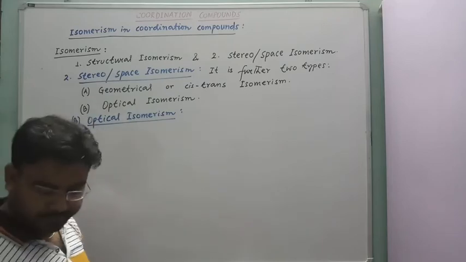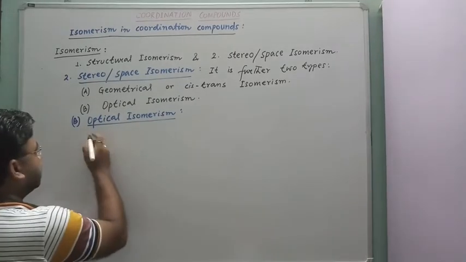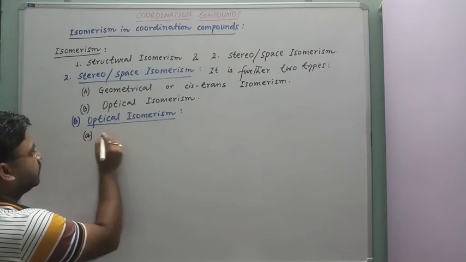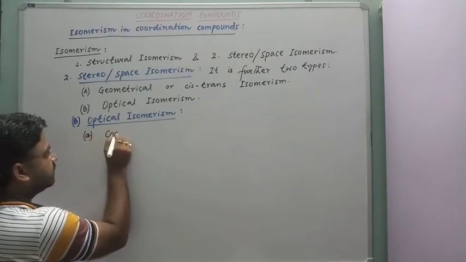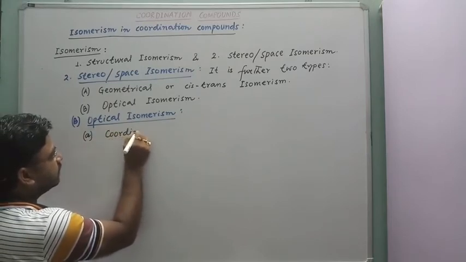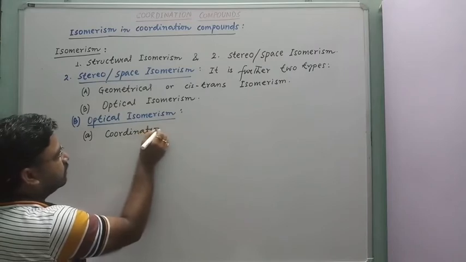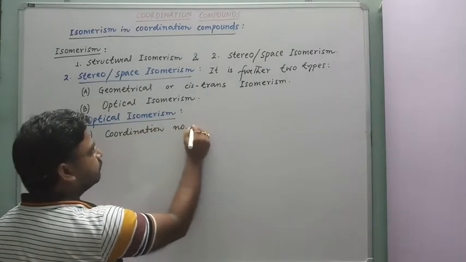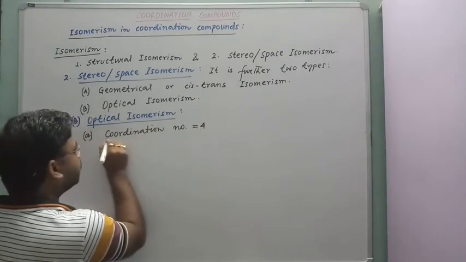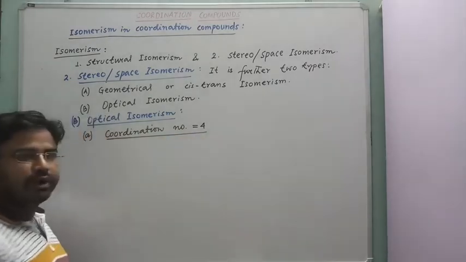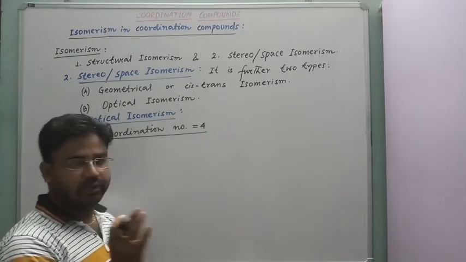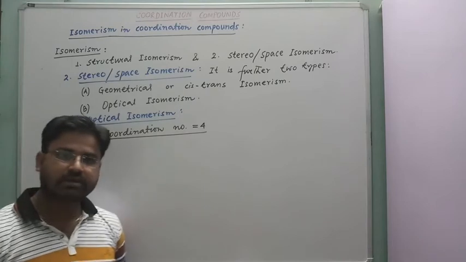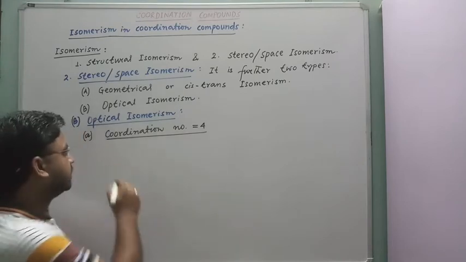So at first, number A, coordination number 4. With coordination number 4, there are square planar complex and tetrahedral complex.